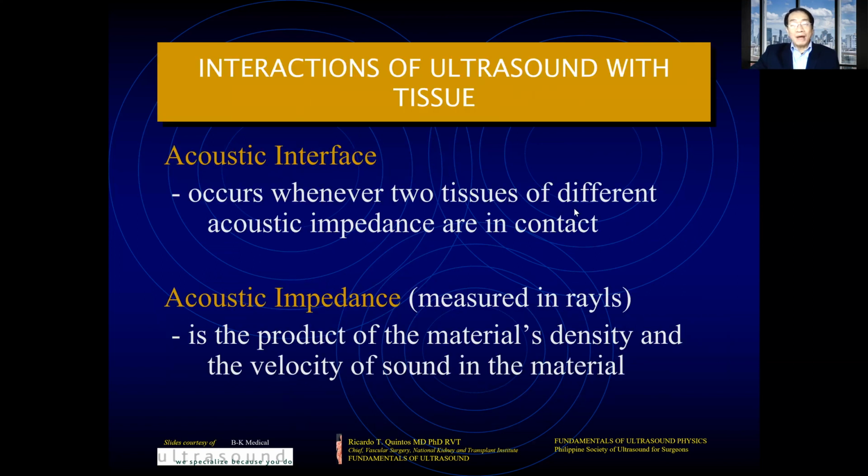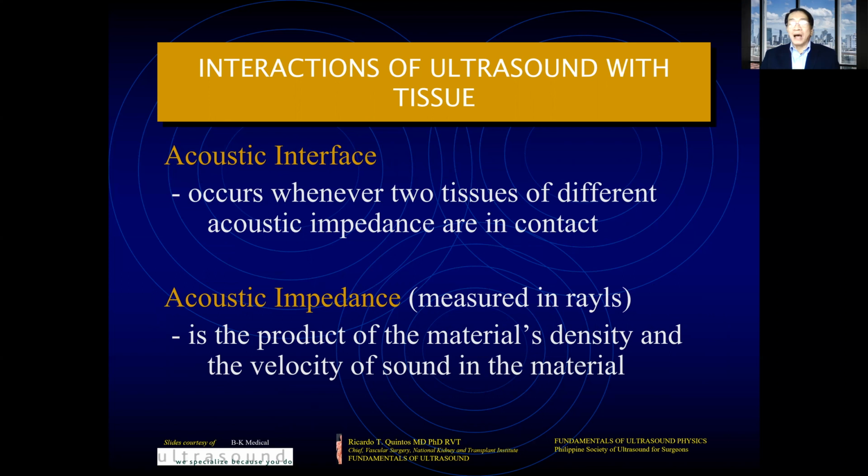With that, as we use ultrasound in humans for medical purposes, we have to understand the interactions of ultrasound with tissue. Certain concepts come into play. The acoustic interface occurs whenever two tissues of different acoustic impedances or acoustic resistances are in contact. So if two tissues with different acoustic properties come in contact, there will be an acoustic interface.